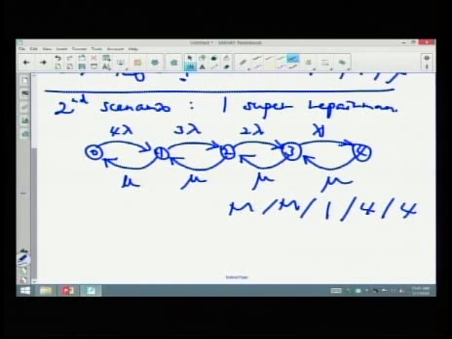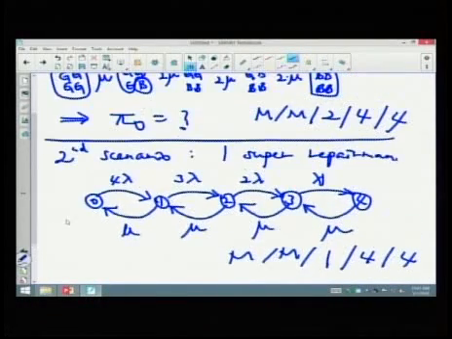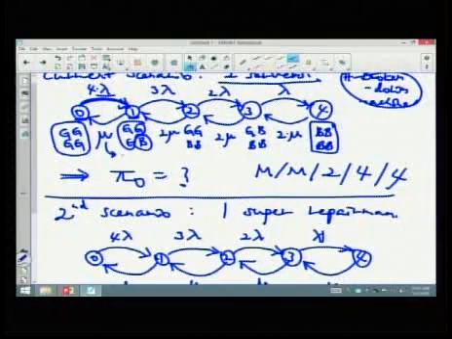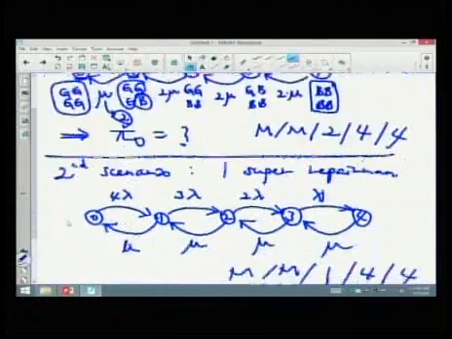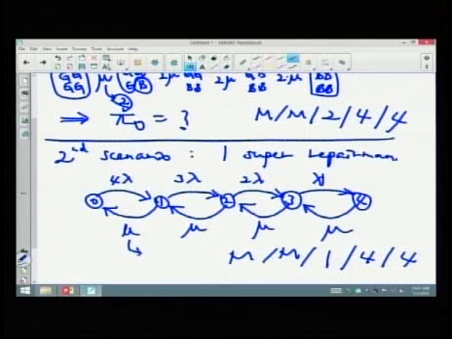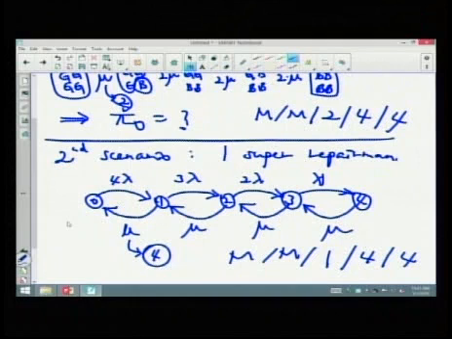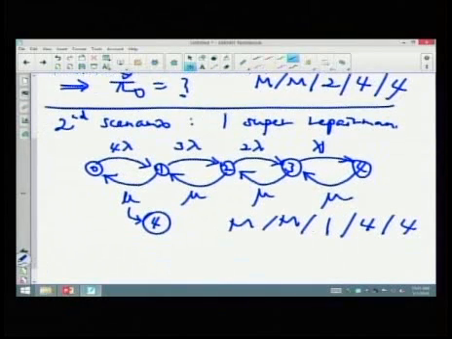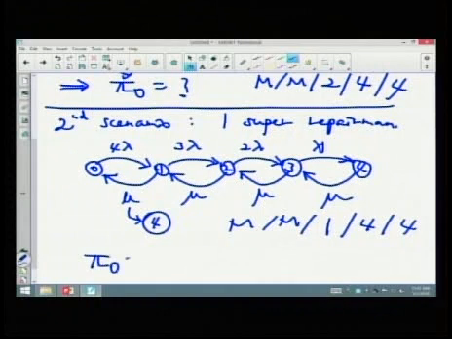Of course, in this case, we have a different mu value. Up here, what is the value of mu? It is 2, right? But down here, we have the mu value becoming 4, okay? Unless otherwise, of course, the lambdas are the same as before. And you should be able to get the pi 0 value in this case.